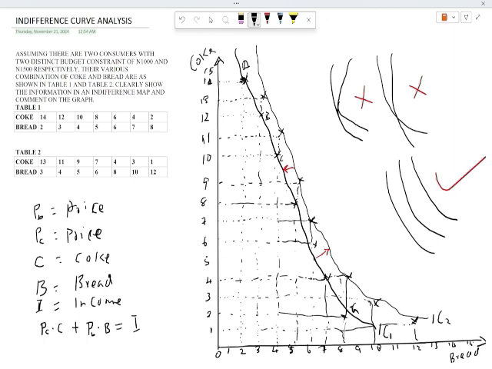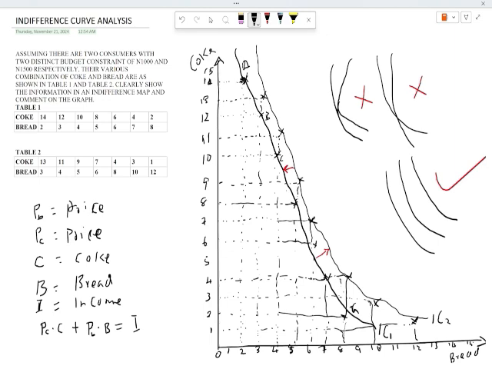So this is what the ordinal theories are explaining: that you can only rank satisfaction of an individual. IC2 is said to rank higher than IC1.